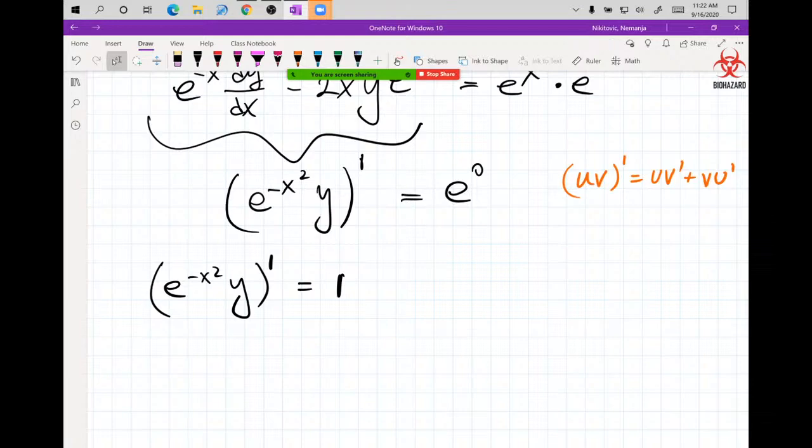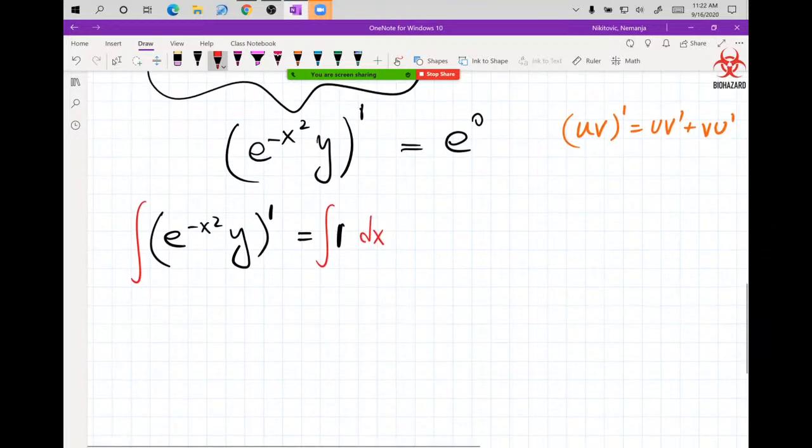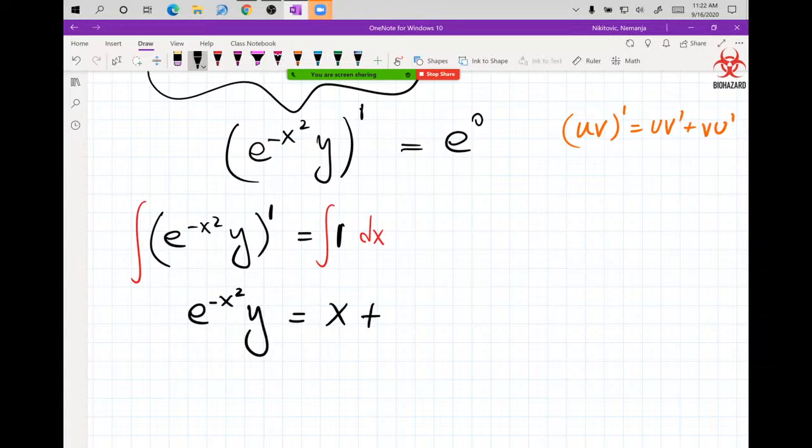And we're almost there. I mean, how do you undo the derivative? You hit it with the integral, right? So you integrate both sides. This will kill prime. On the left-hand side, you'll just have e to the negative x squared y. And on the right-hand side, you have x plus c. You have to have this c now. It's not optional.